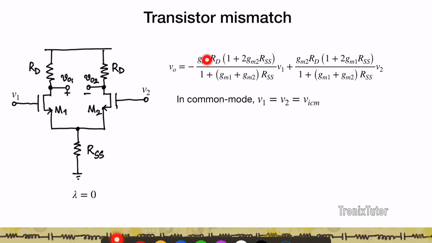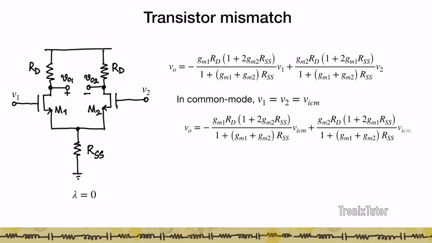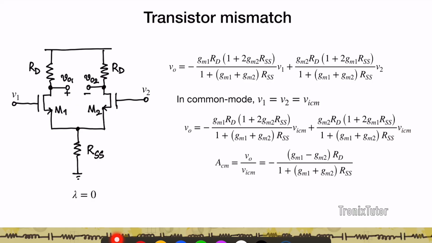So in this expression for V out, I substitute V1 and V2 to be VICM, in which case I get my V out as this, and I collect the like terms, and then I can find out my common mode gain, which is V0 by VICM as minus GM1 minus GM2 into RD by 1 plus GM1 plus GM2.